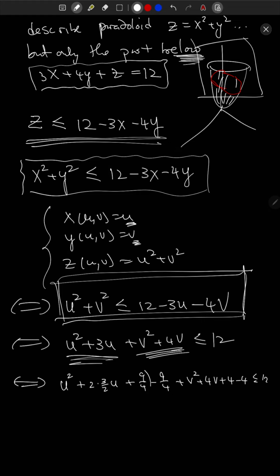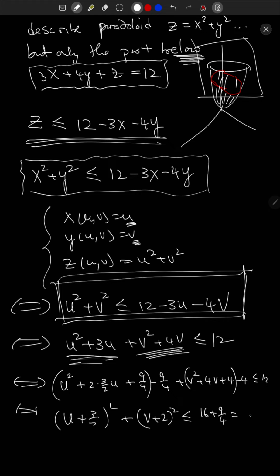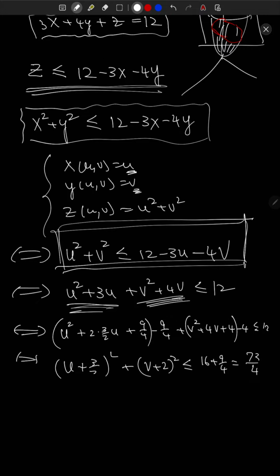These three go together, these three go together, which tells me u plus 3 over 2 whole thing squared plus v plus 2 whole thing squared is less than or equal to 16 plus 9 over 4, which is equal to 73 over 4.